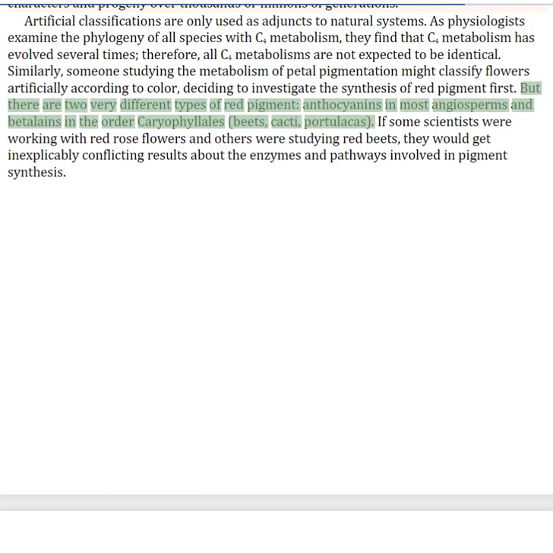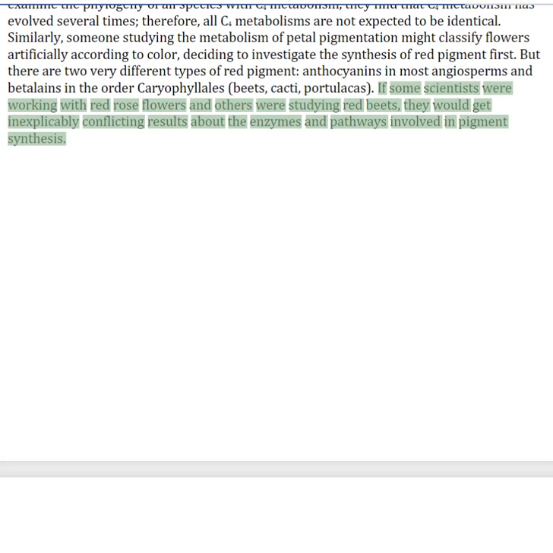But there are two very different types of red pigment, anthocyanins in most angiosperms and betalains in the order Caryophyllales. If some scientists were working with red rose flowers and others were studying red beets, they would get inexplicably conflicting results about the enzymes and pathways involved in pigment synthesis.